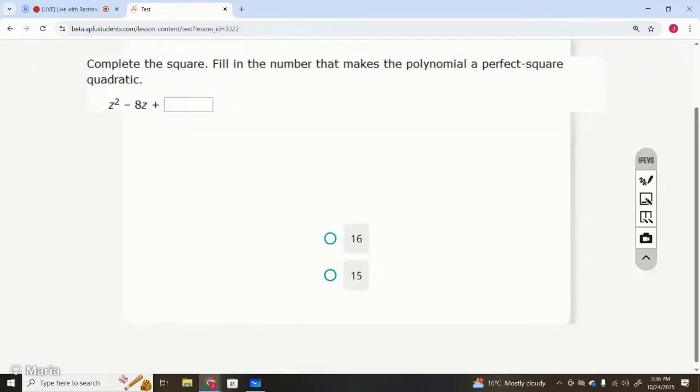Z square minus 8z plus missing number. So which number is missing? That is 16. Option number 1 is the correct option.